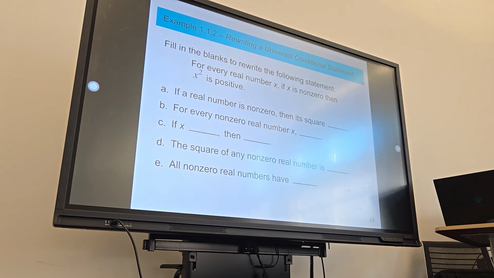That's just what the original statement says. For every non-zero real number x, x squared is greater than 0.